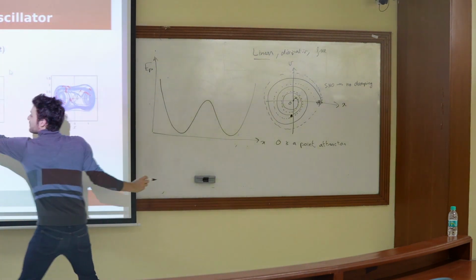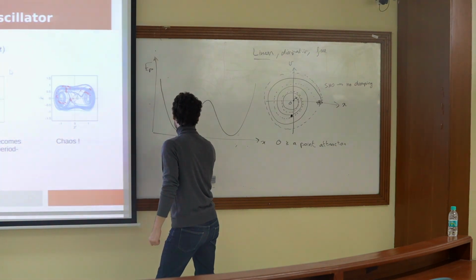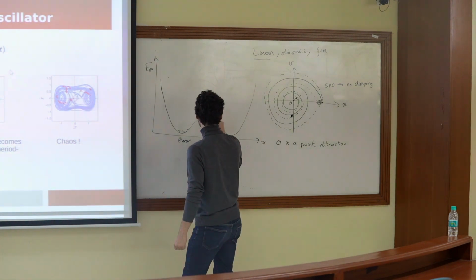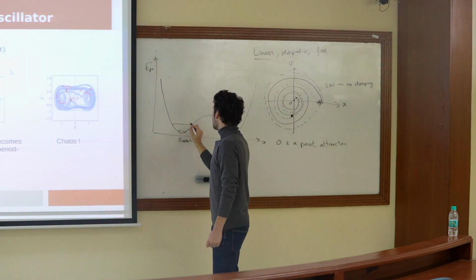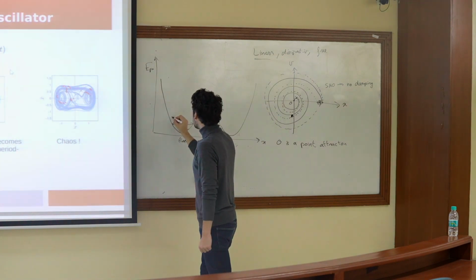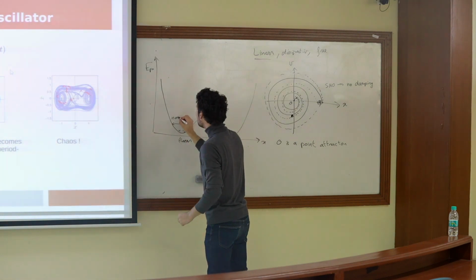In this regime, you're only exploring around here, so this is linear. In this regime, this is no longer symmetrical, which means that the behavior here is going to be different to the behavior here. So you're now nonlinear.